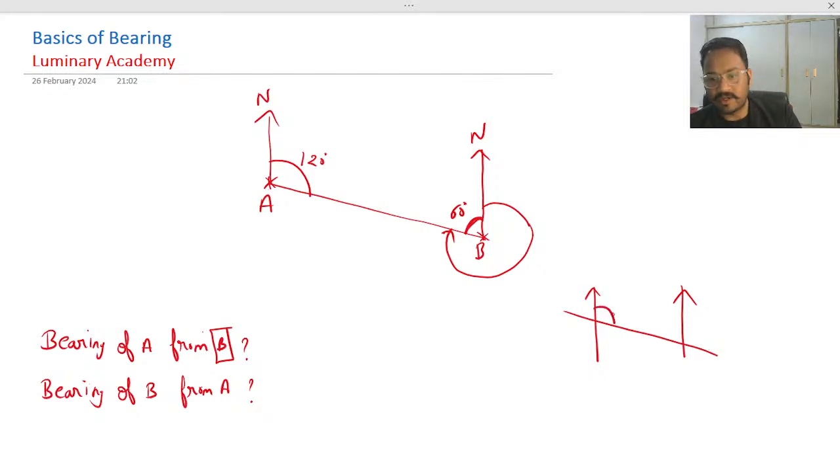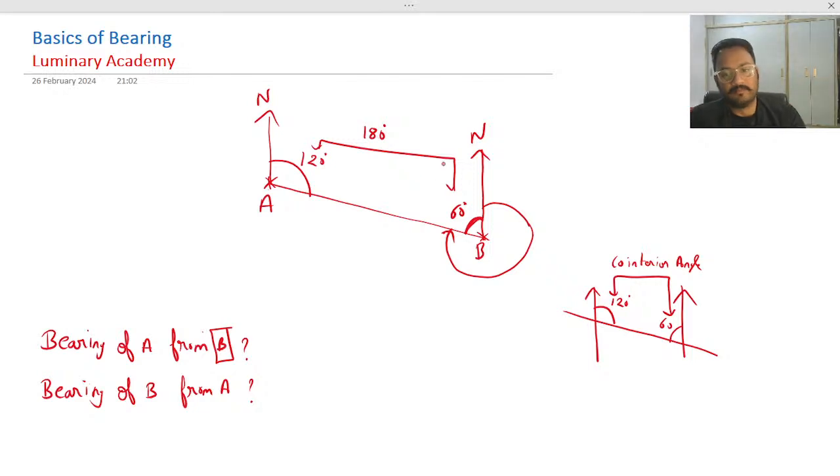If this is 120, this will be 60, because these are co-interior angles, and the sum of co-interior angles is always 180 degrees.